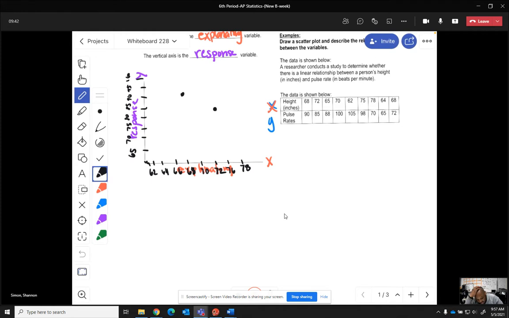Another at 65, 88, here. 71, 100, here. 62, 105, which will be somewhere up here. 75, 98: 75 on the x, 98 on the y, which is here. 78, 70, here. 64, 65, about here, and then 68, 72 is here.